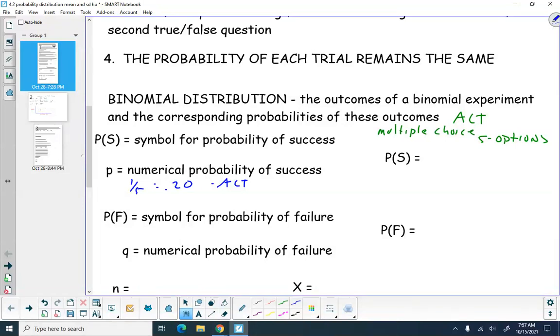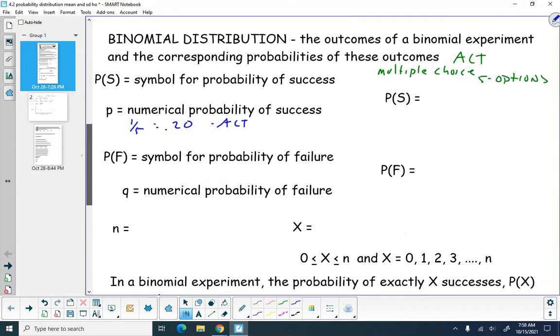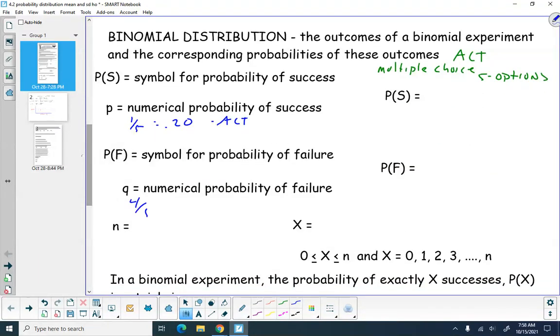Probability for failure? 80%, because I have 4 out of the 5 that are incorrect. So you have 4 out of the 5 that are incorrect, and 1 out of 5 that are correct. If you're guessing, you have a 1 out of 5 chance of getting the correct answer.